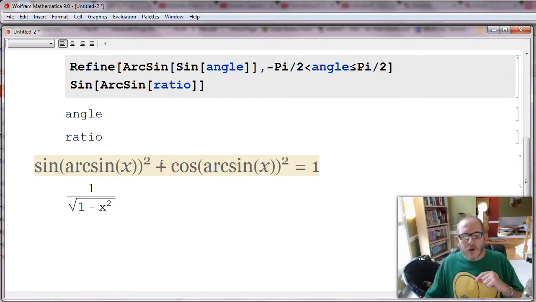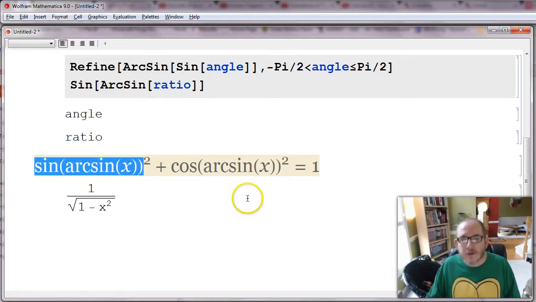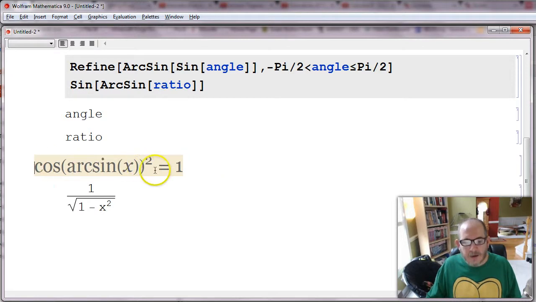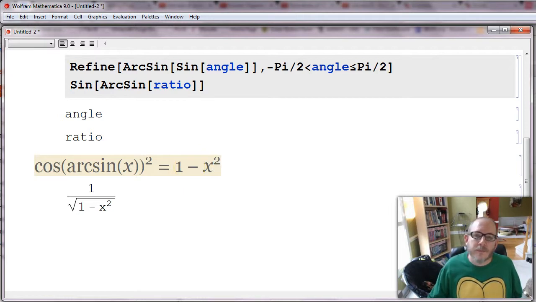As long as you're putting in an x that's in the domain of arc sine, you're good to go. So this whole thing becomes just x, right? And then if we pull this over to the other side, we get minus x squared.